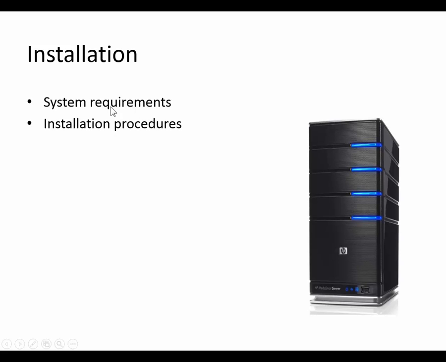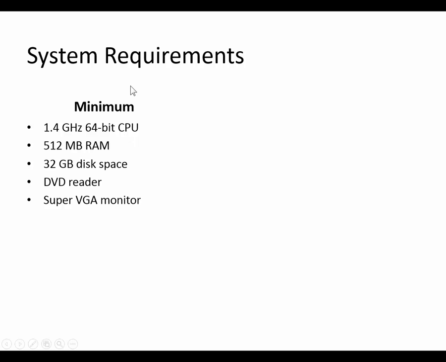Installation, system requirements, and installation procedures. If we look at the system requirements, we can see that Windows Server requires a minimum of a 1.4 gigahertz 64-bit CPU, 512 megabytes of RAM, and 32 gig of disk space.